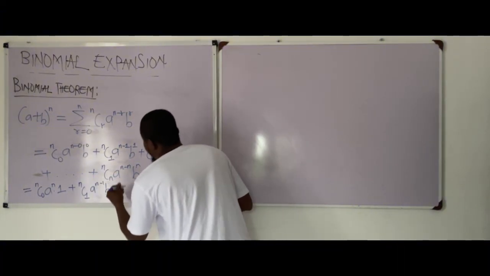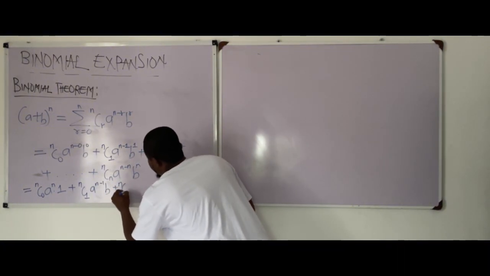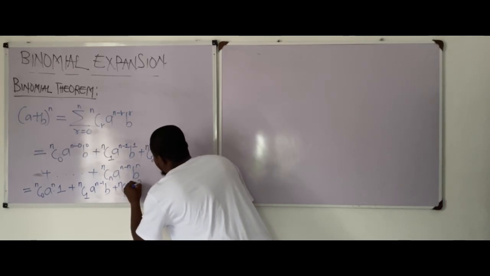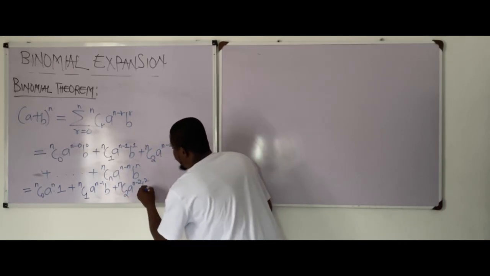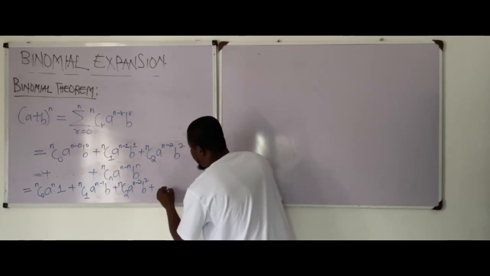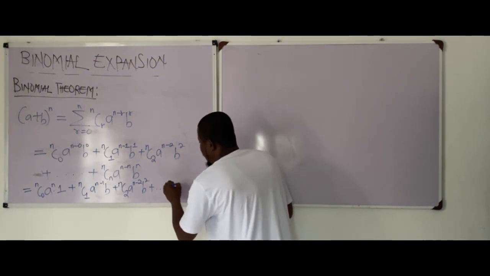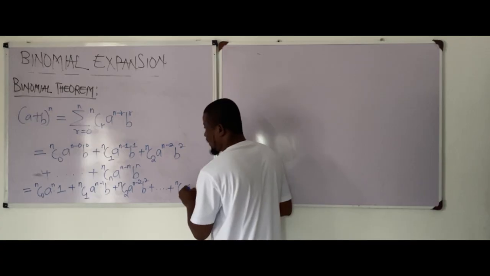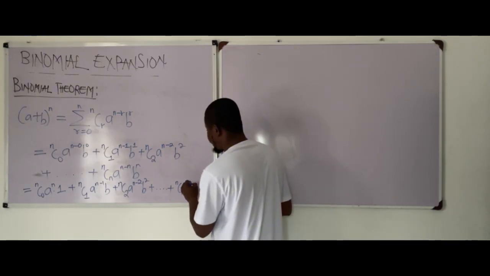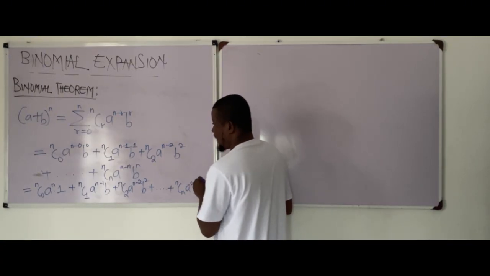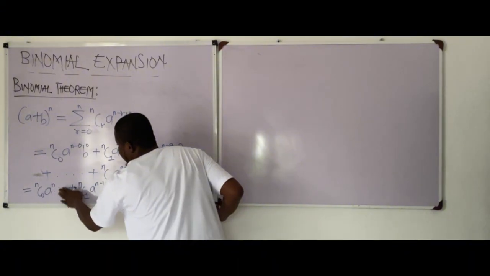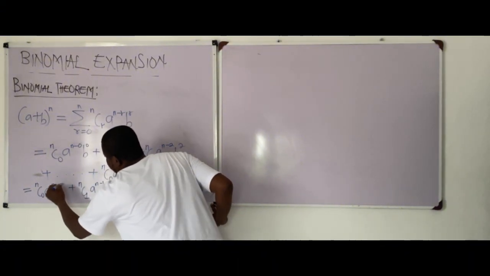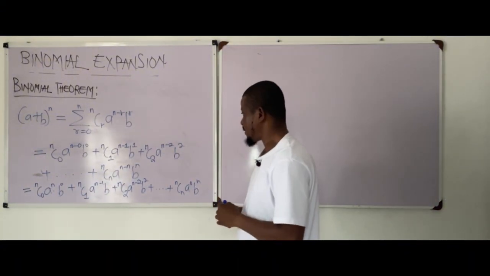Then plus n combination 2, a raised to power n minus 2, b raised to power 2, plus dot dot dot, plus n combination n, a raised to power n minus n, which is a raised to power 0, b raised to power n. Let's just keep it as b raised to power 0 first.